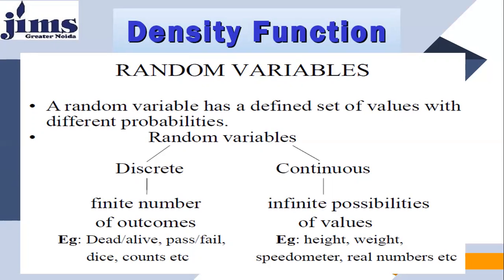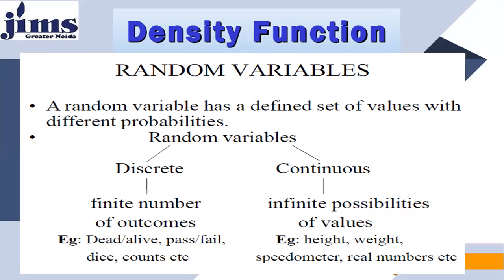As far as random variables are concerned, they are categorized into two groups. One is discrete, another is continuous. If a random variable is of discrete nature, then it has a finite number of outcomes, and if it is of continuous nature, then it has infinite possibilities of values. Examples of discrete random variables are dead or alive, pass or fail, dice.